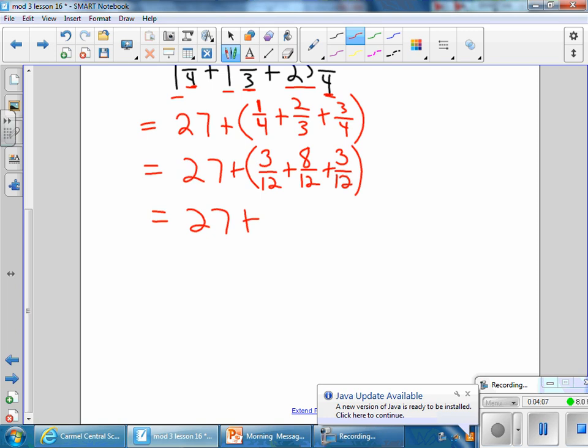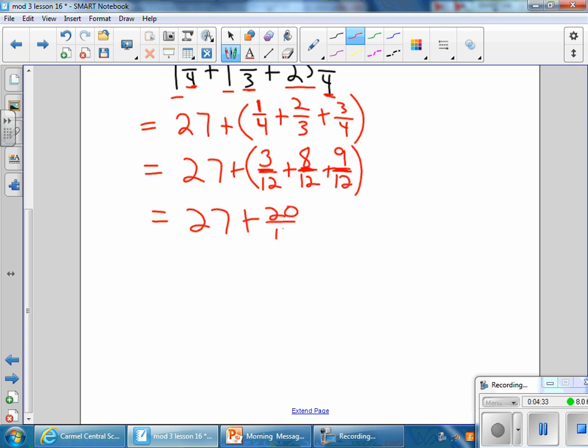Put your numerators together, and I have 3 plus 8 is 11, plus 3. I'm sorry. Let me go back on that. I was multiplying by 3. That should be 9, and I said 9 before, but I wrote 3. 3 plus 8 is 11, plus 9 is 20/12.